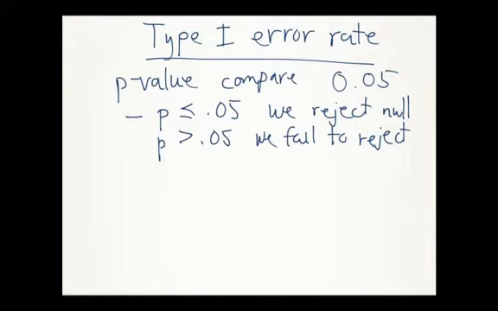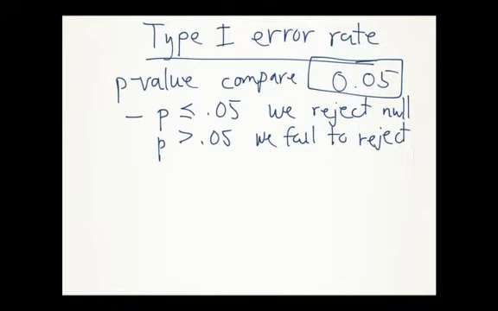We use this 0.05 number because we've decided that that is the cutoff we're willing to accept for a type 1 error rate.